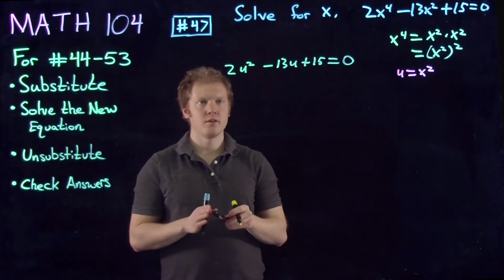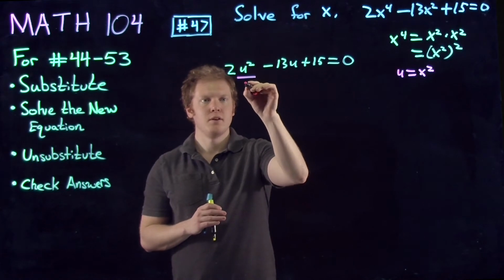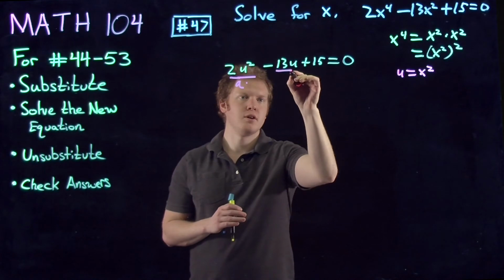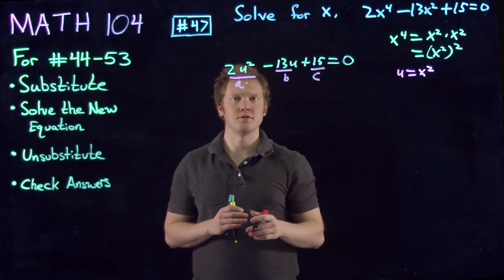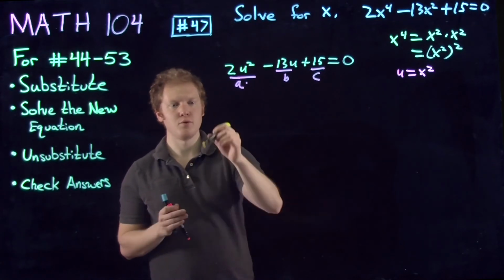So we're left with a quadratic equation, so we can use our quadratic formula by letting 2 be our a term, negative 13 be our b term, and 15 be our c term, which will then give us the following expression for u.